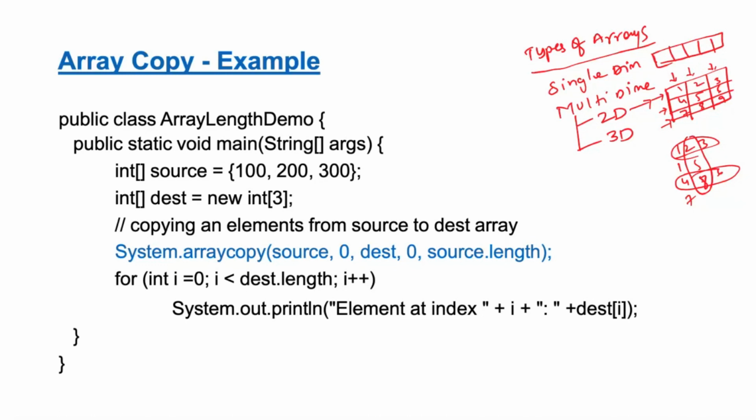Understand, there are two dimensions of the data, rows and columns. So that's why there are two types of arrays, single dimensional array and multi-dimensional array. Again, in multi-dimensional array, we may have two-dimensional, three-dimensional, four-dimensional, and up to n-dimensional arrays. But practically, we will see only two-dimensional arrays here.